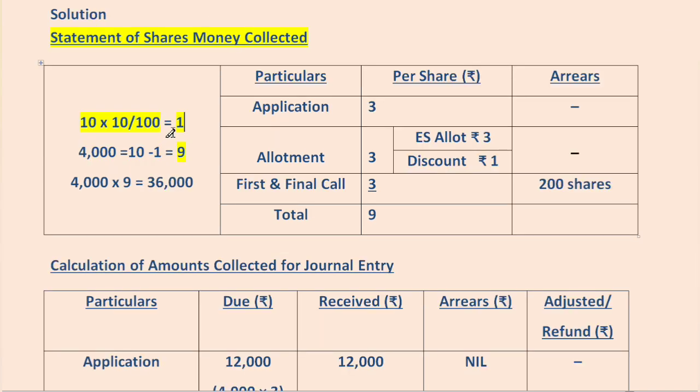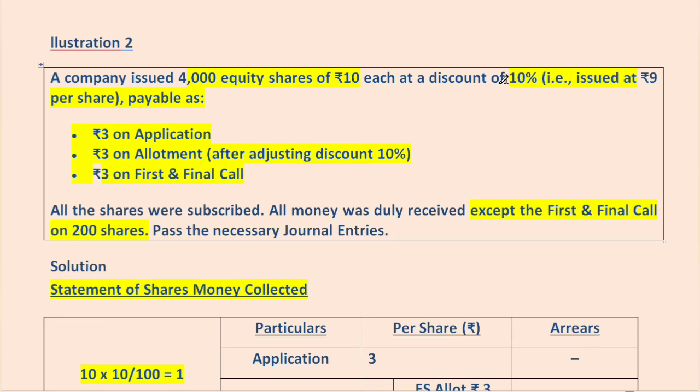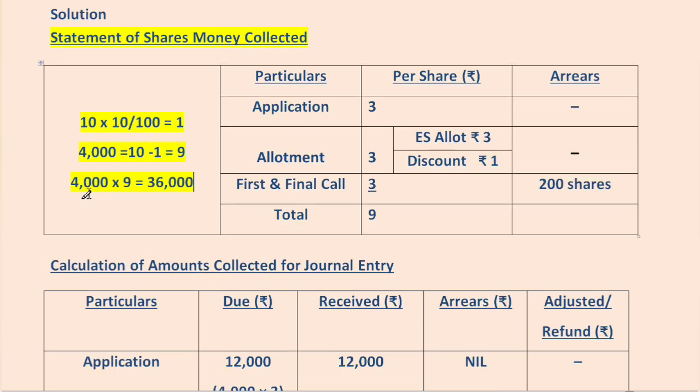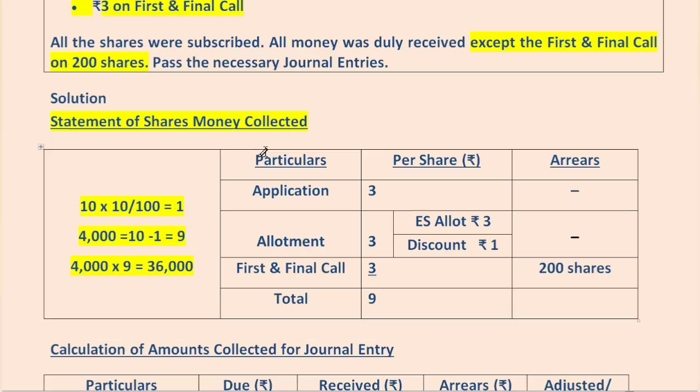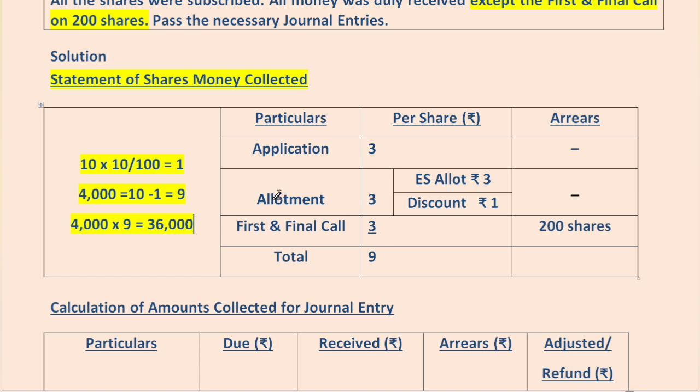So now, 4,000 into 9 rupees, that means how much company require now? Company require 36,000 rupees from public. Like that we have to calculate the discount whenever they provided in percentage. Okay, now how they have collected? Application, 3 rupee.